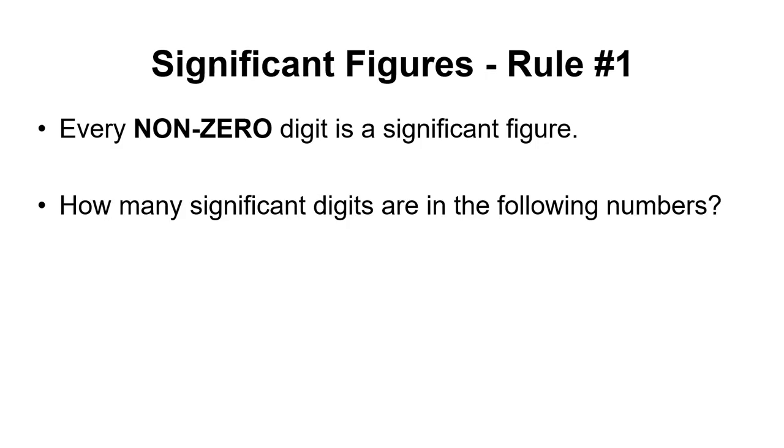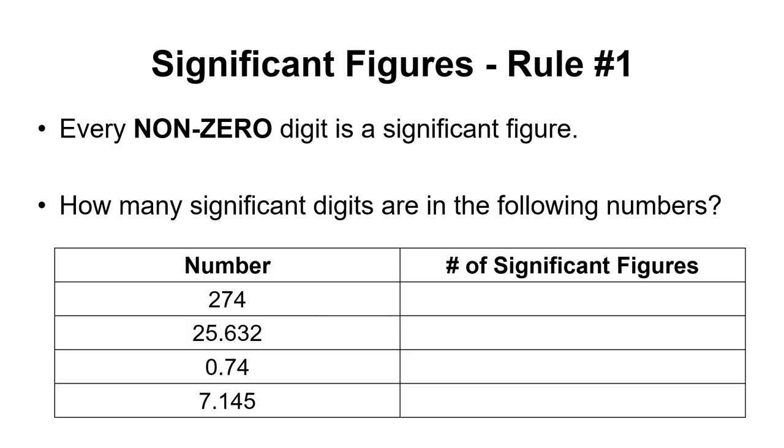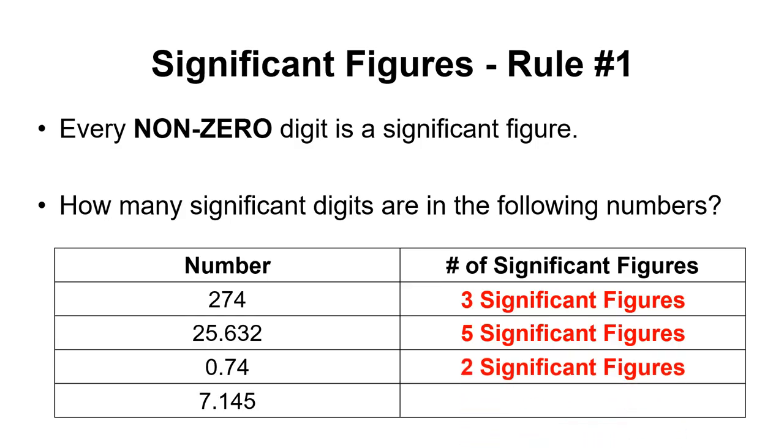Let's look into this. How many significant digits are in the following numbers? There are 3 significant figures in the number 274. There are 5 significant figures in the number 25.632. There are 2 significant figures because every non-zero digit is a significant figure.